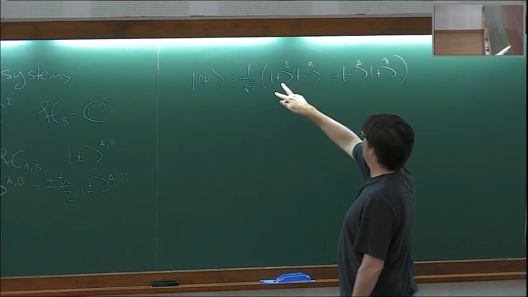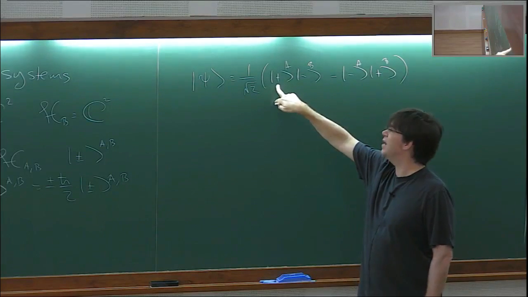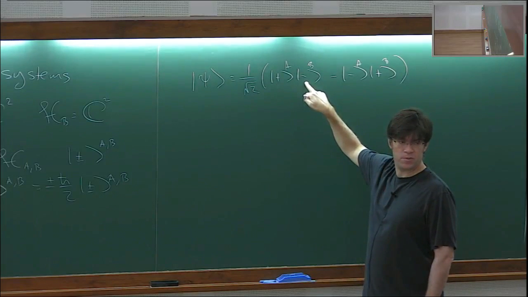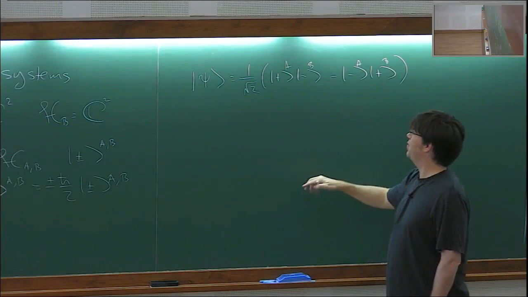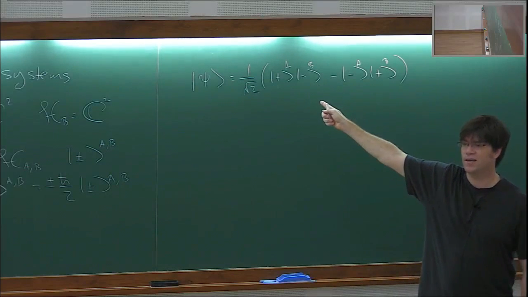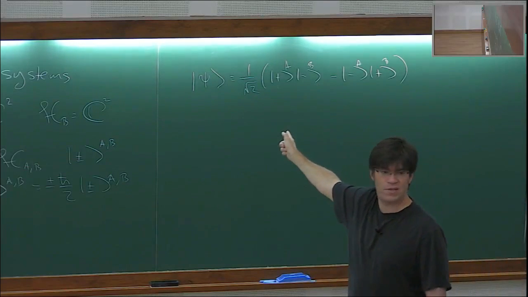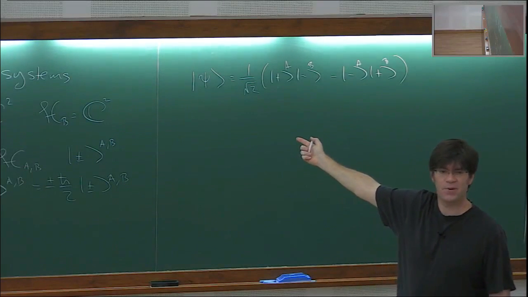And here, if I make a measurement of the spin along the z direction of A, it's guaranteed to be anti-correlated with the measurement of the spin along B. On the other hand, if I don't know what's going on with B and I just measure A, what is the outcome of that experiment going to be? Anyone?